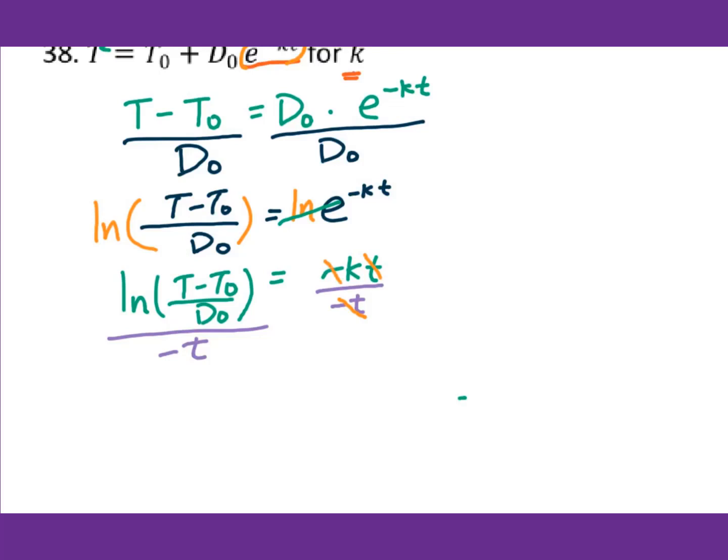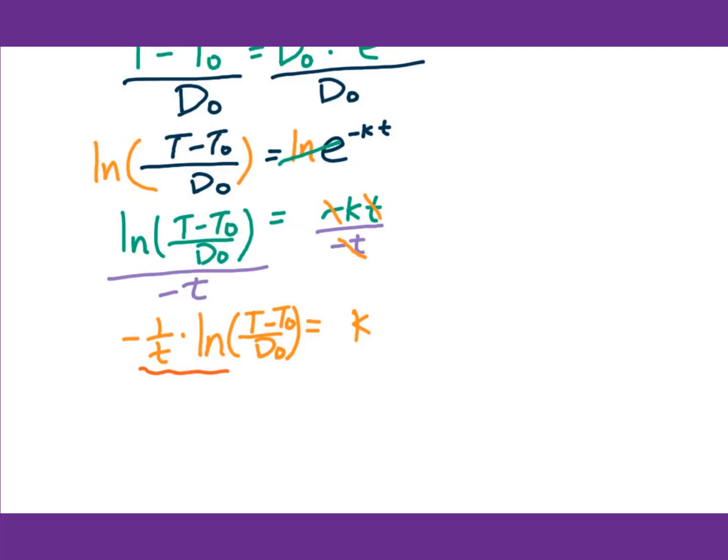We got k equals negative 1 over t times natural log of t minus t0 over d sub 0. This will be the final answer.